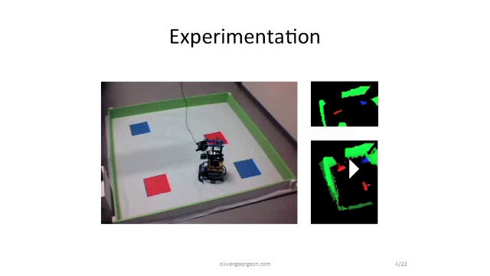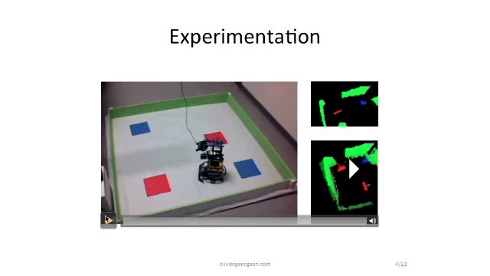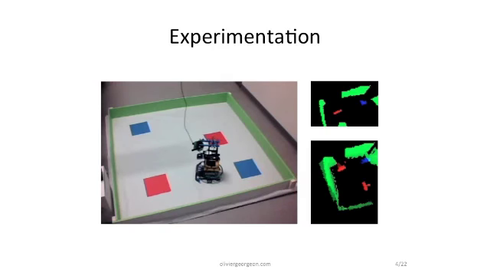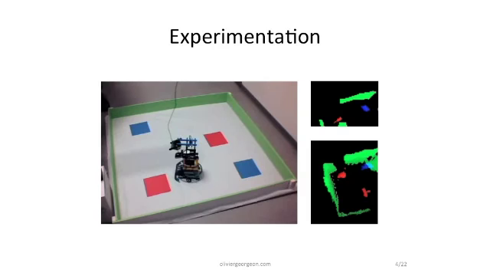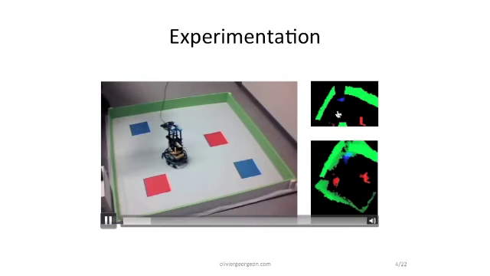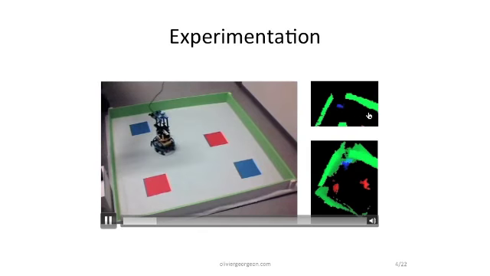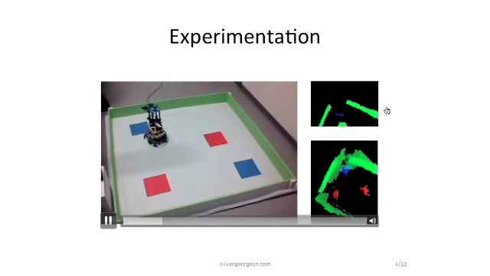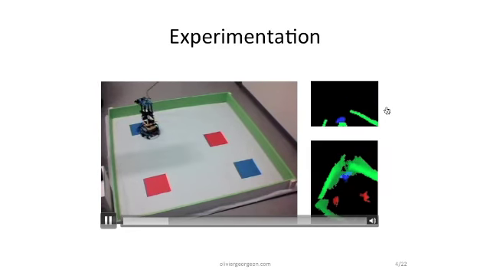So here is a short video of what we are doing with this robot. You can have more information on the website of my student, Simon Gay. This video was recorded after the robot had learned to move towards blue patches. So here it moves toward this blue patch.